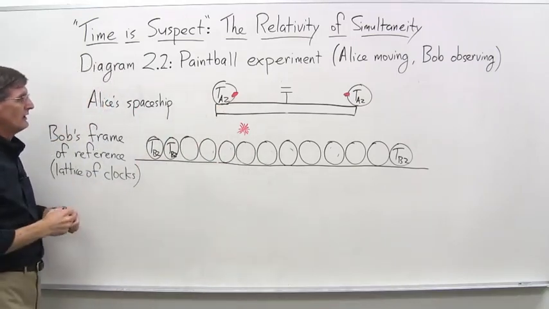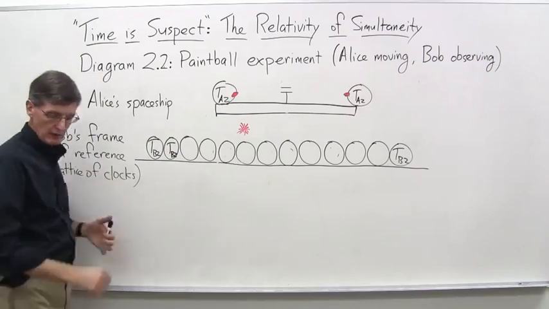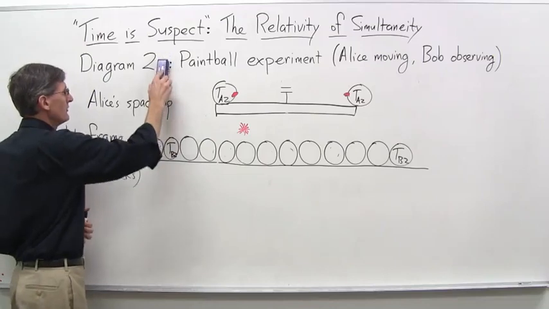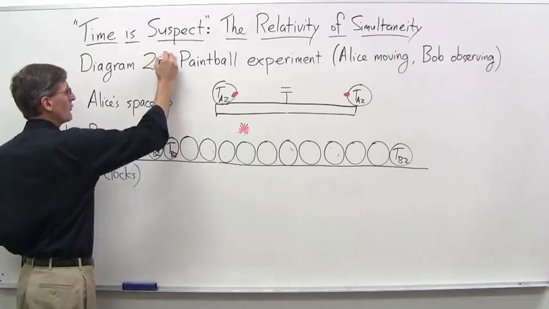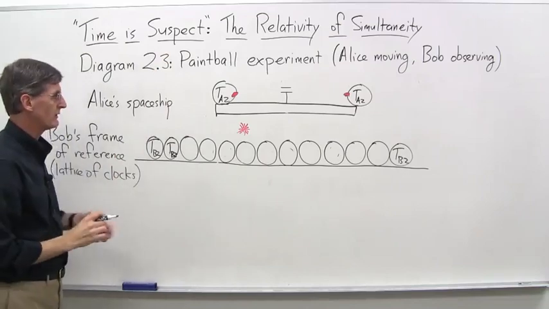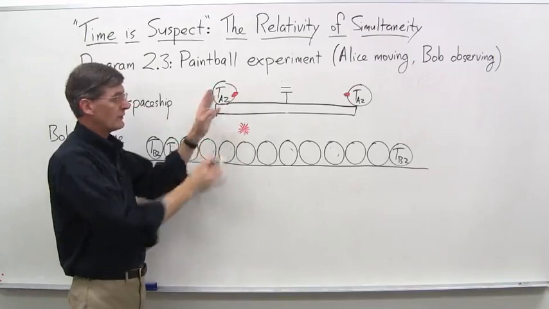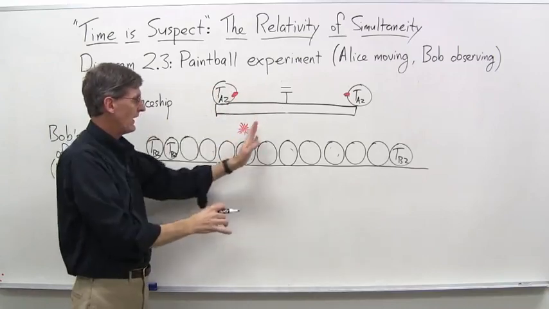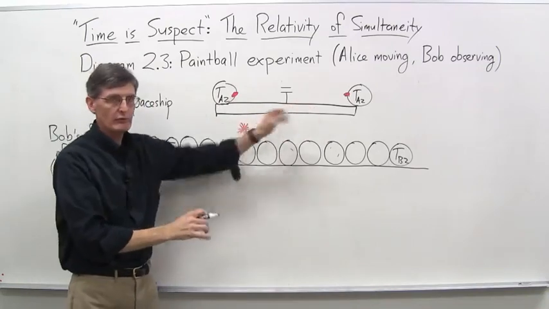Okay, so that's diagram 2, our paintball experiment, and just to be precise about this, the diagram we have on the board now is diagram 2.3. So we did the diagram first when they're right here and the paintballs were shot off. Then halfway through, when the paintballs were in transit, and then diagram 2.3 is when they actually hit.